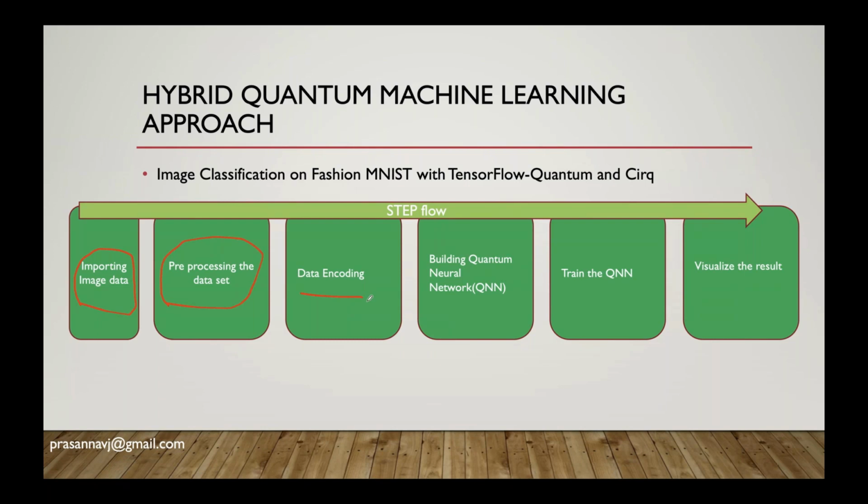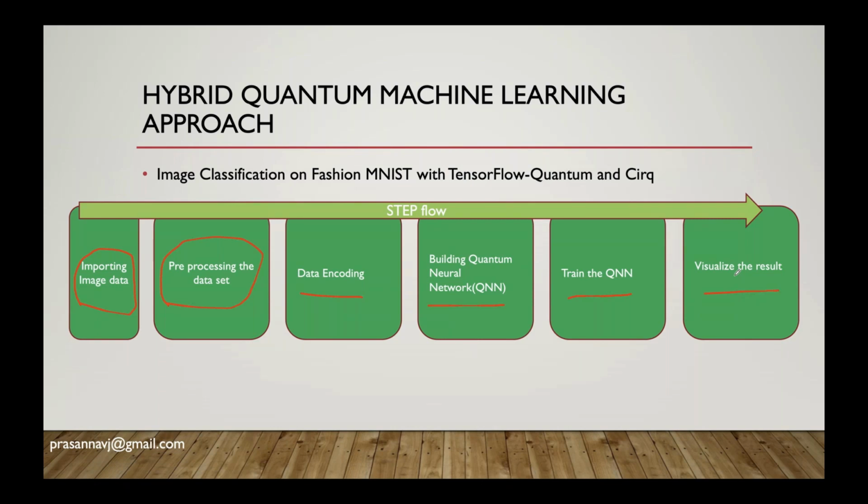And then you build the quantum neural network, use this data to train on the quantum neural network, and you visualize the result. So these are the different steps that you follow in executing your quantum machine learning algorithm.